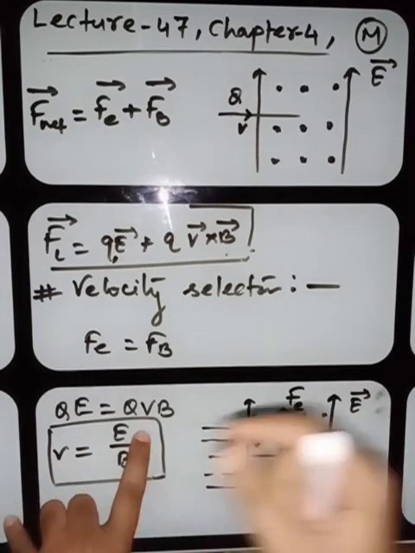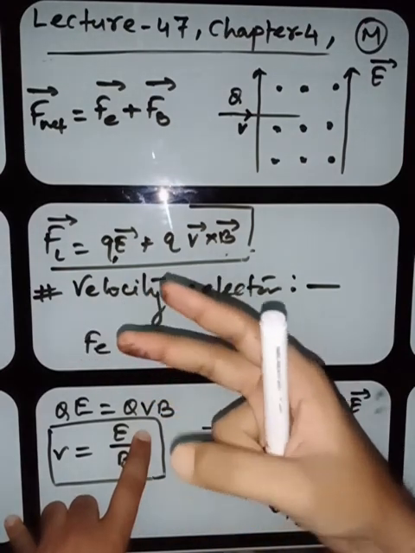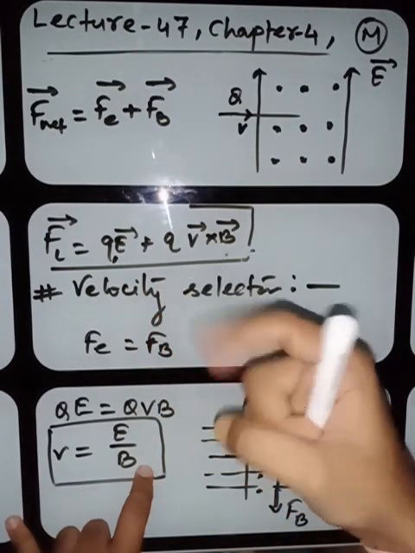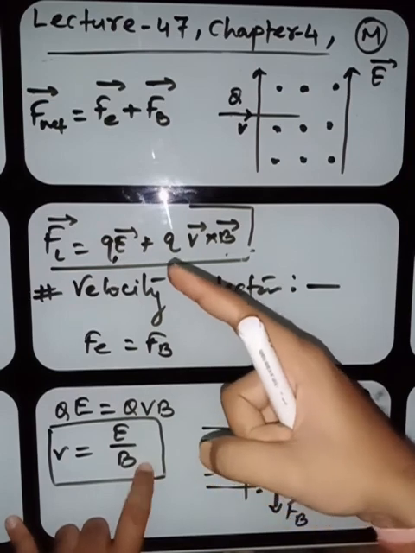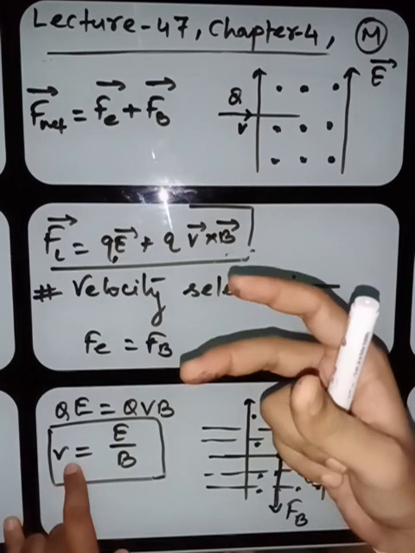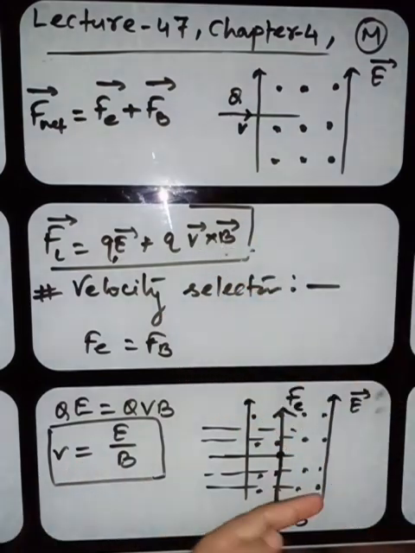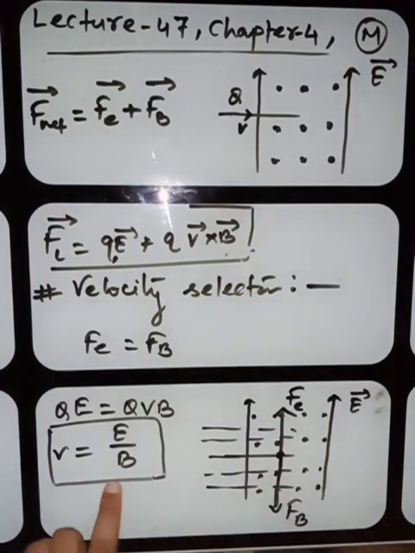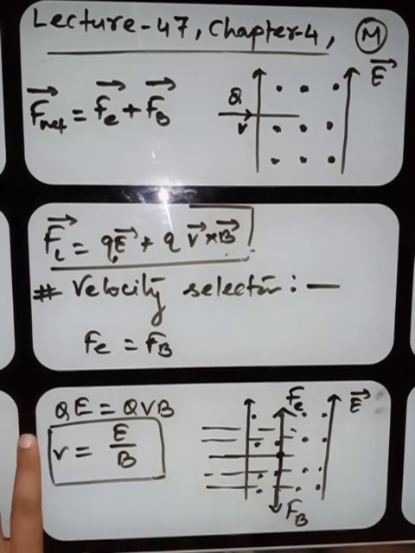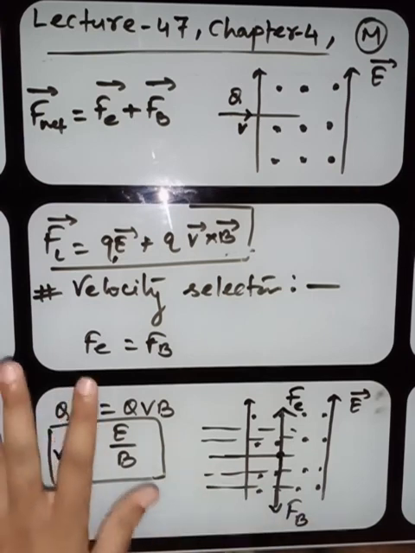Suppose the electric field is 2 Newton per coulomb, and this magnetic field is 1 Tesla, then what will be the velocity? 2 meter per second. You will get a charged particle of 2 meter per second which leaves the field. Why? Because that charged particle only will experience zero force. And what about the rest of the charged particles? Those do not have a speed exactly equal to 2 meter per second.